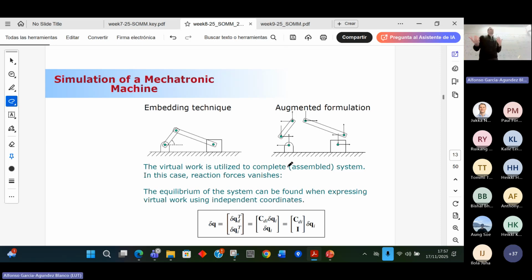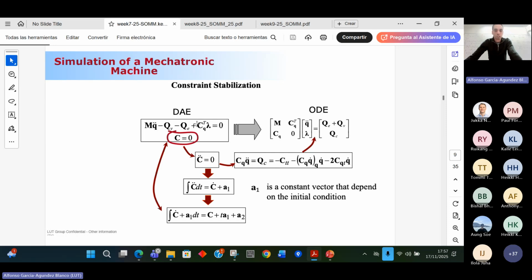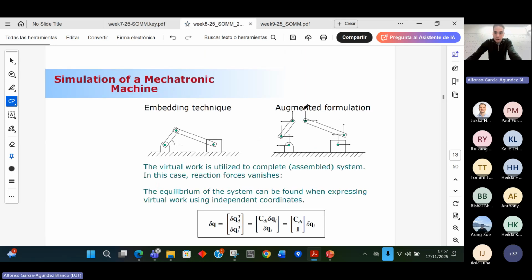Now, the difference with respect to what we have done so far. In the augmented formulation, this is very important, please, this is a summary, you had the equations of motion considering the constraints, with this lambda. That is why you see here the modeling of the crank slider mechanism considering the reaction forces in the revolute joints.